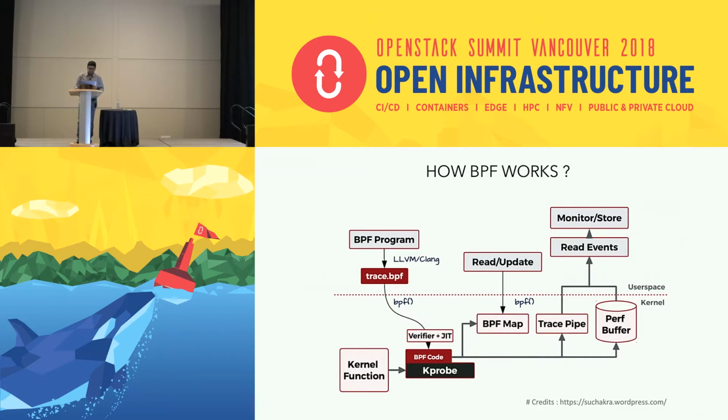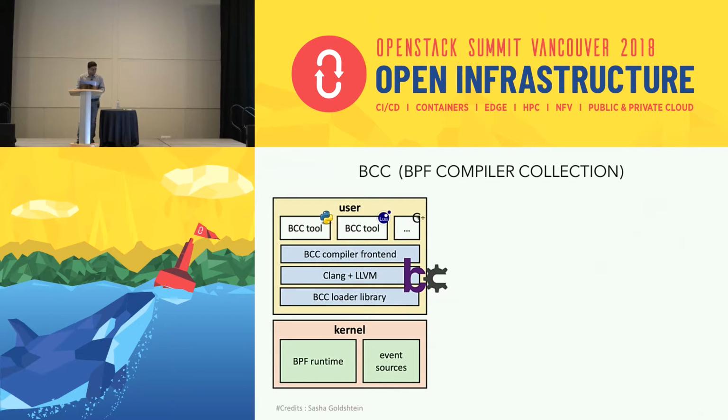Now, talking about the C programs, I'm not a kernel developer, and things get difficult to manage when I have to program something in the kernel context. That is when frameworks like BCC help us out. BCC is the BPF Compiler Collection, which has some ready-made tools and is a framework which helps you deal with BPF easily.